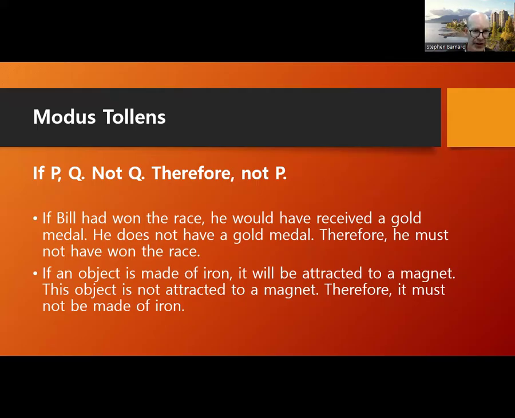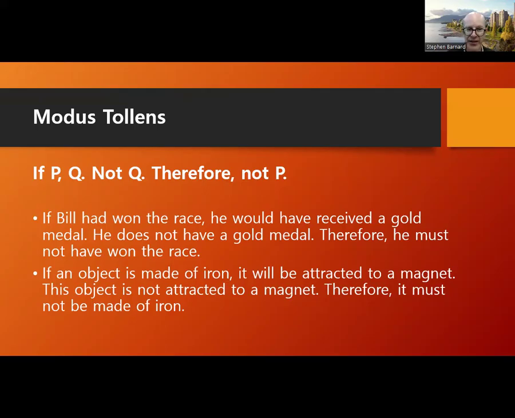That's true. But if you know that he does not have a gold medal, then he must not have won the race. So in that case, because the conclusion is false, therefore the premise must also be false.